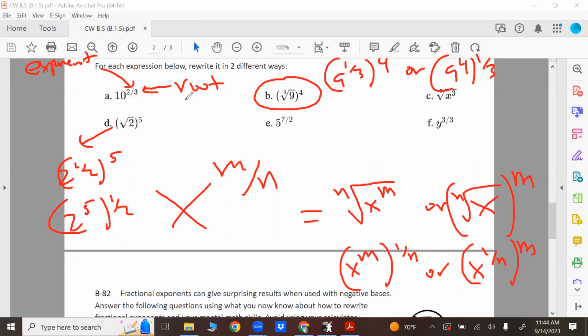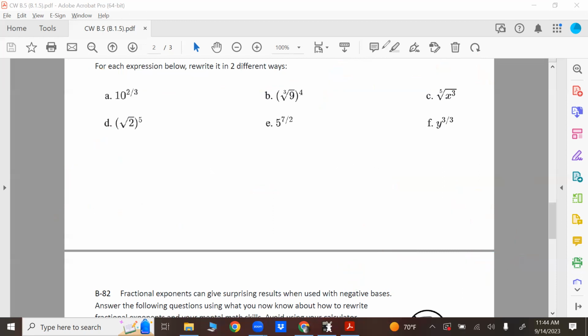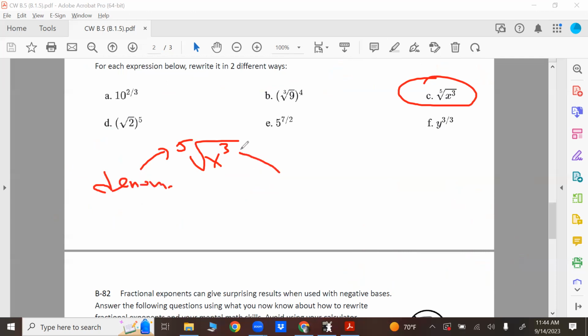Or let's back up a little. Let's look at c. C is a good one. 5th root of x cubed. That right there is your denominator. That right there is your numerator. That's always going to be true. That's why we say the nth root of x to the m equals x to the m over n.